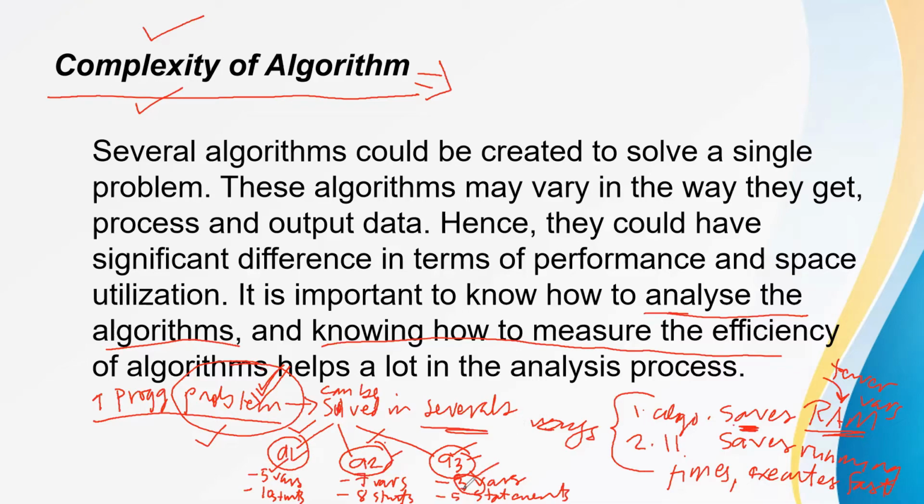And then this has 5 statements to be executed. This has 8 and this has 10. So the program implementation of this algorithm A3 will execute or run fast because this has only 5 statements to be executed while this one has 8 and this one has 10. So the best algorithm is A3 based on our criteria.